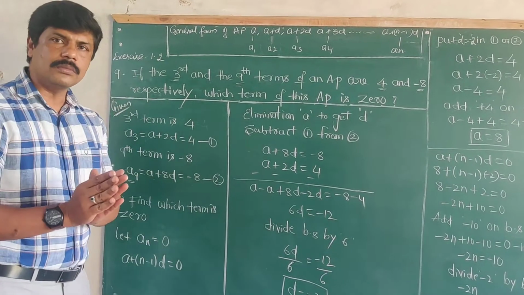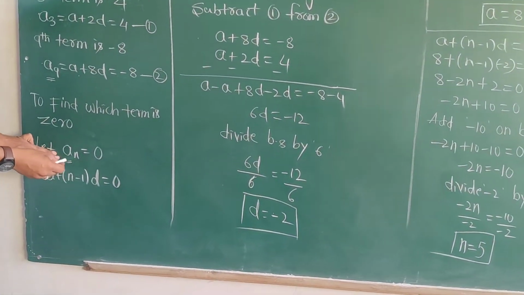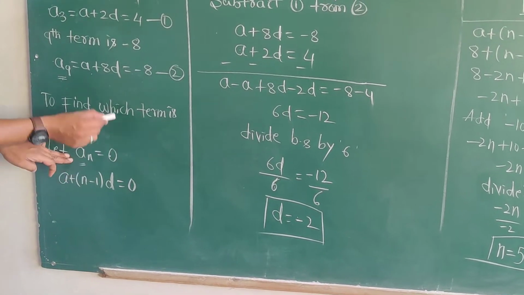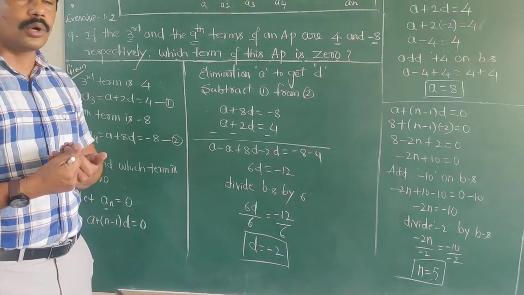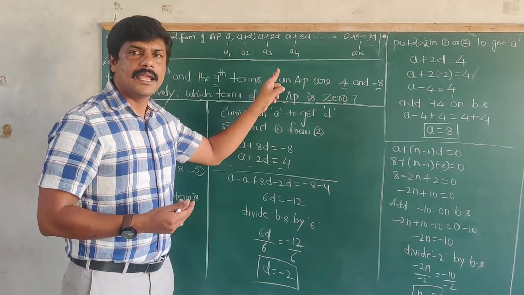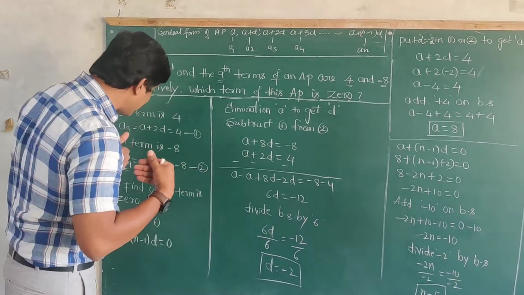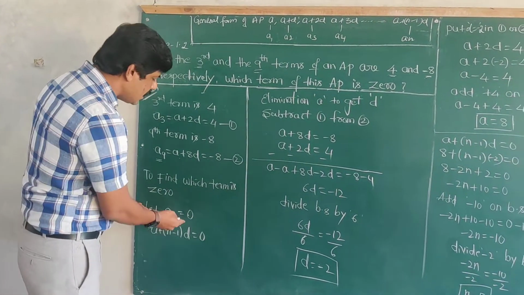We will presume that the nth term of the AP is 0, so I have written here an is equal to 0. Why is an equal to 0 written? It is asked here which term of this particular AP is 0. We do not know, so we assume that the nth term of this AP is 0.